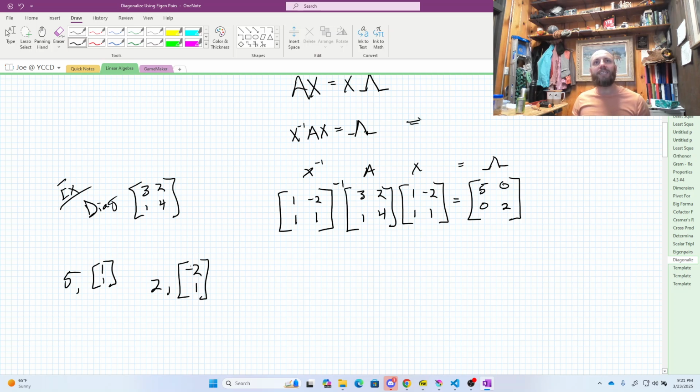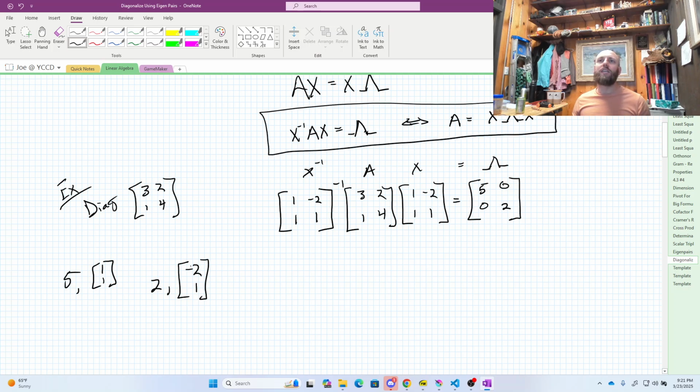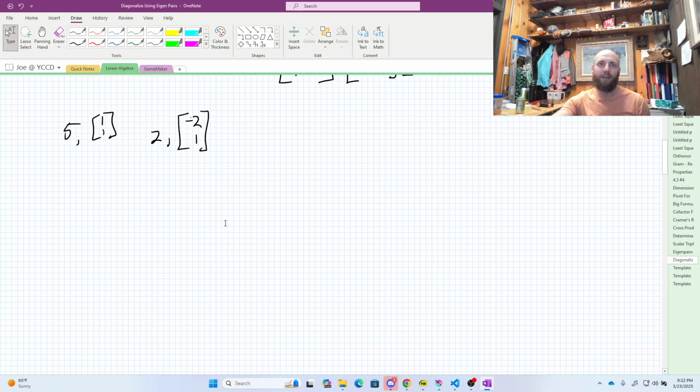This is the exact same thing as saying A is going to be X lambda X inverse, so I need to multiply X inverse from the right-hand side and X from the left. So these two are my diagonalization methods. As long as I can find enough eigenvectors, this is easy peasy. We should probably have an example of a matrix where I can't do that.